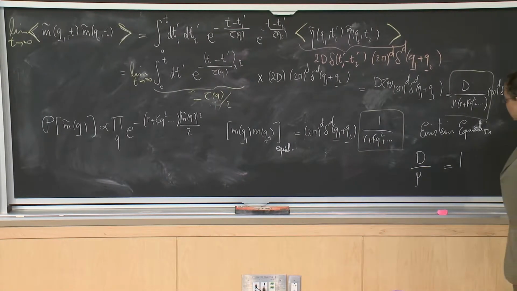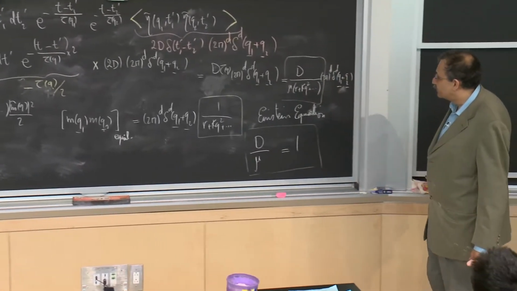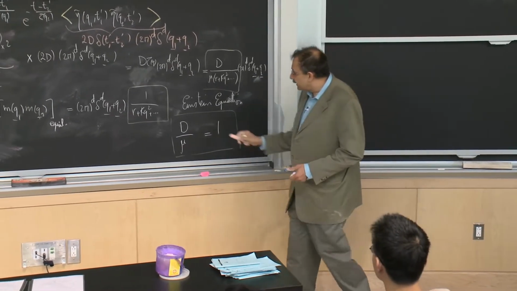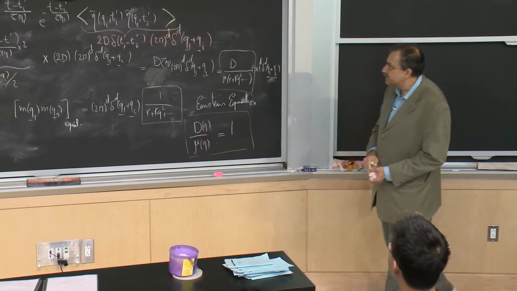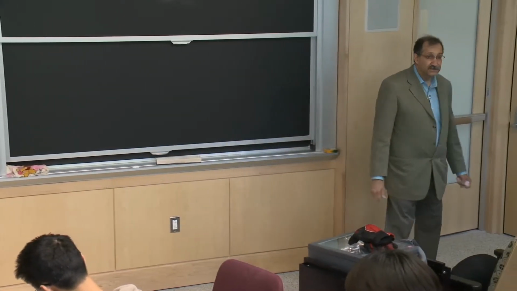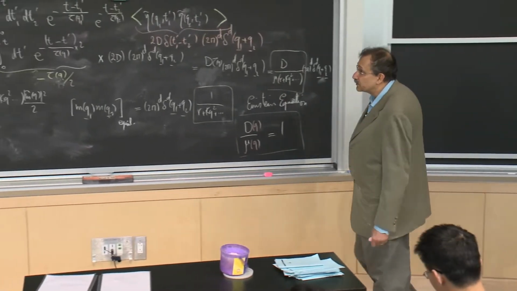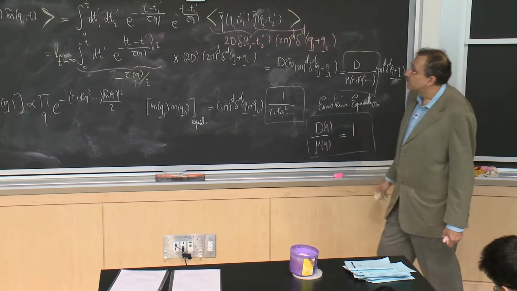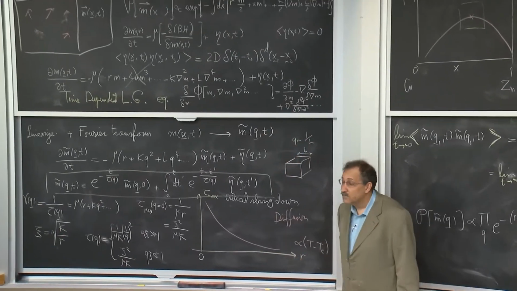Now the thing is that if I am doing this, I in principle can have a different noise for each q and compensate by a different mobility for each q, and I would get the same answer. So in the non-conserved version of this time-dependent dynamics that we wrote down, the d was a constant and the mu was a constant.